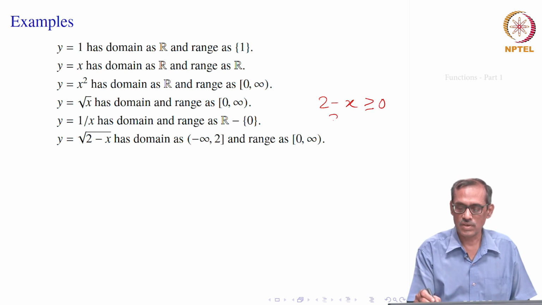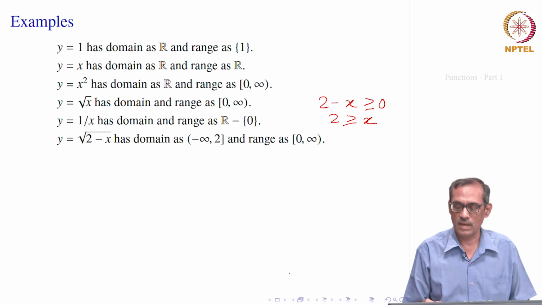This says 2 is greater than or equal to x. So, if 2 is greater than or equal to x, how will it look on the real line? x will be less than or equal to 2. So, if 2 is here, then all these numbers are there in the domain for which our function is well defined.